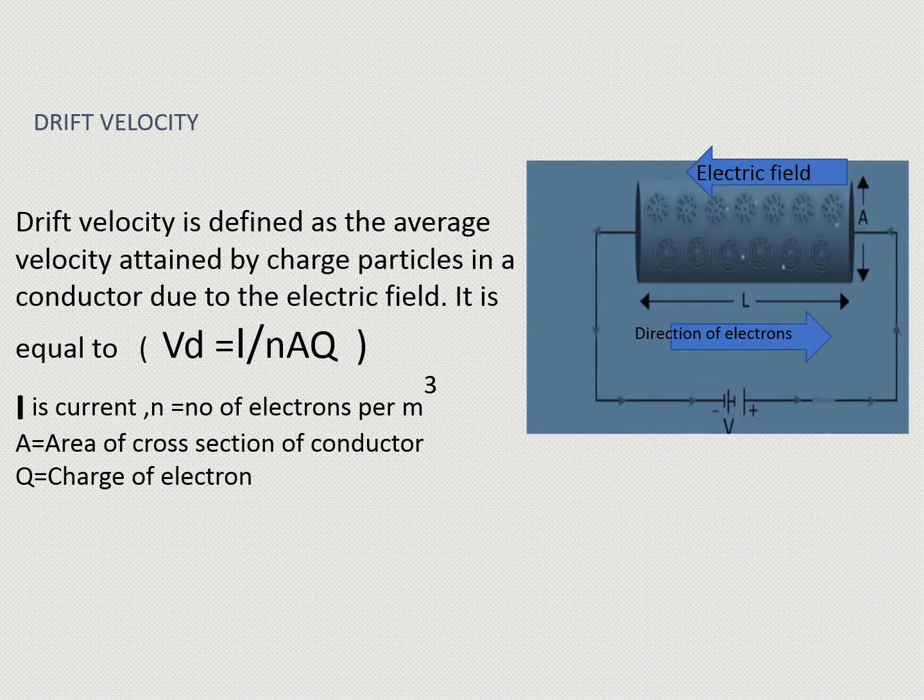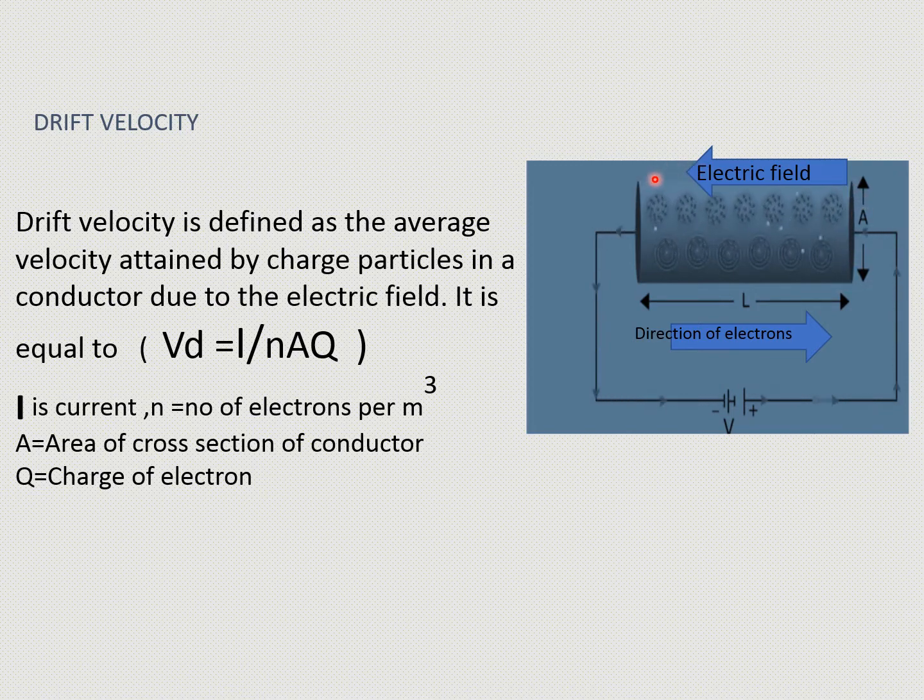I think you might have understood this diagram. Look carefully at the diagram. This is the conductor whose length is capital L or small l. Capital A is the area of cross section of the conductor.